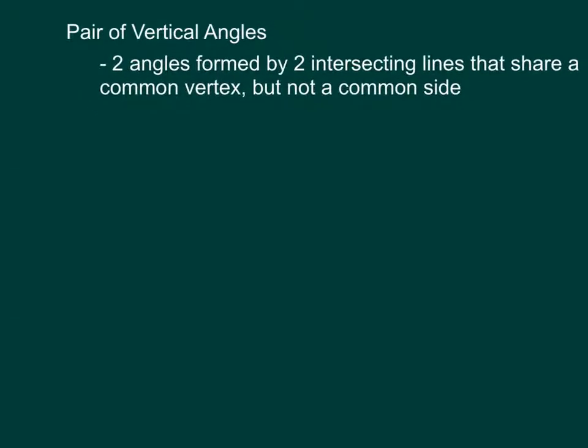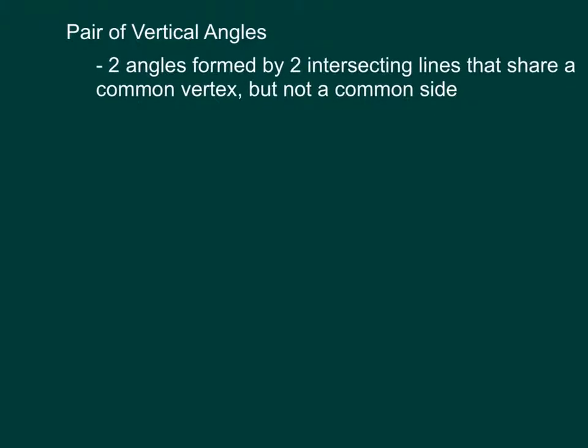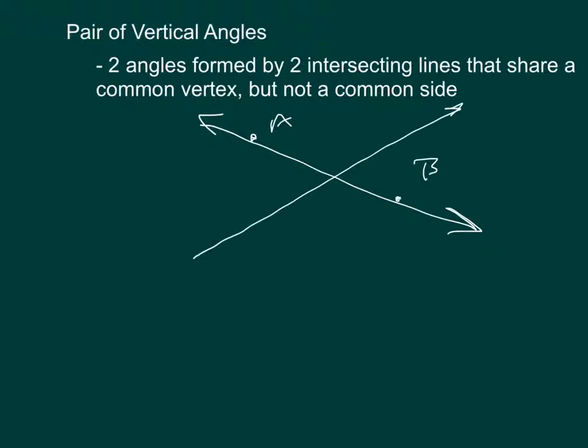To draw that out, we could take two intersecting lines. Call that line AB and call this line CD. It would help to put in the vertex, wouldn't it? So E, there we go.